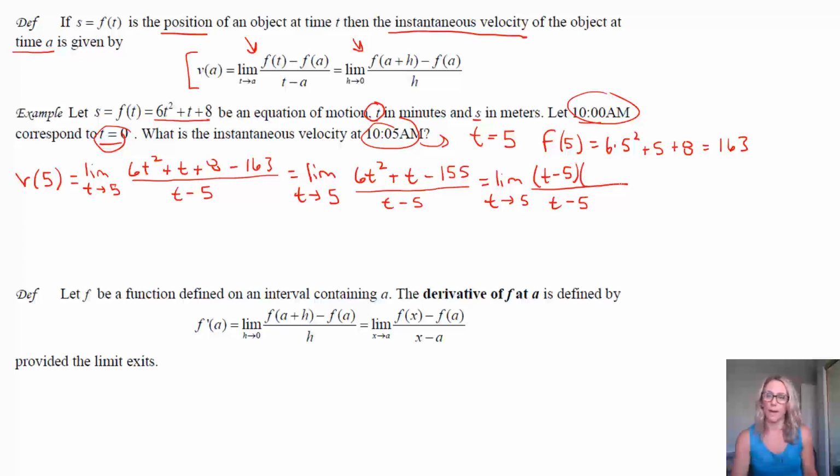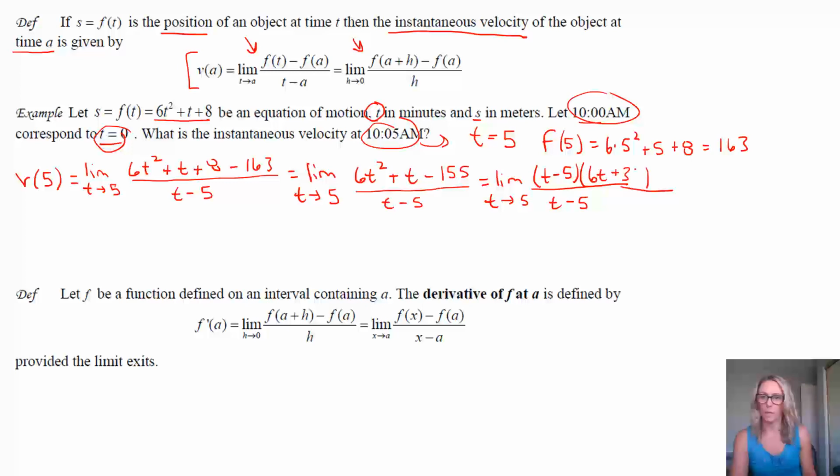And by doing that, you can figure out the other part of this factoring situation, because if in fact it is t minus 5, then this is going to be 6t, and then we have a positive there and a minus 155. So we're going to guess that it's a plus, and 5 times what gives us 155?